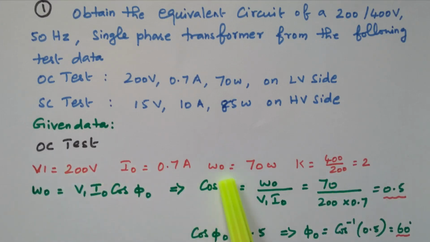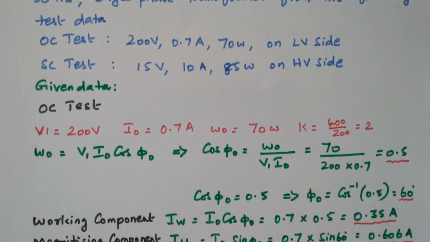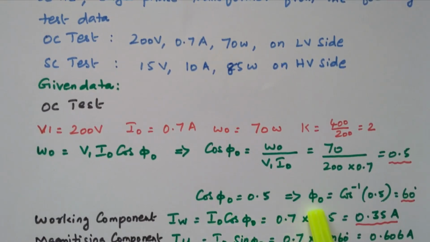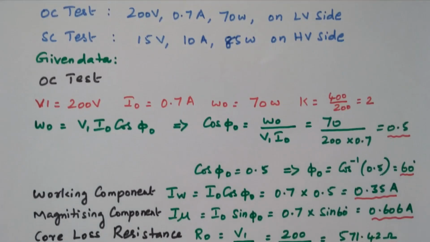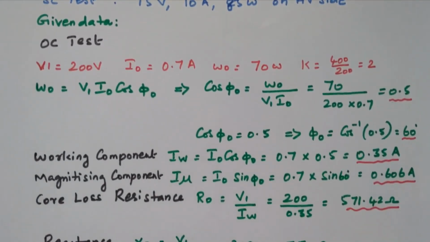So cos phi naught is equal to 0.5. If cos phi naught equal to 0.5, then phi naught equals cos inverse 0.5, that is 60 degree. So the no load power factor is 0.5. The corresponding angle phi naught, the angle between no load current and voltage, is 60 degree. Now we can calculate the magnetizing component and working component.